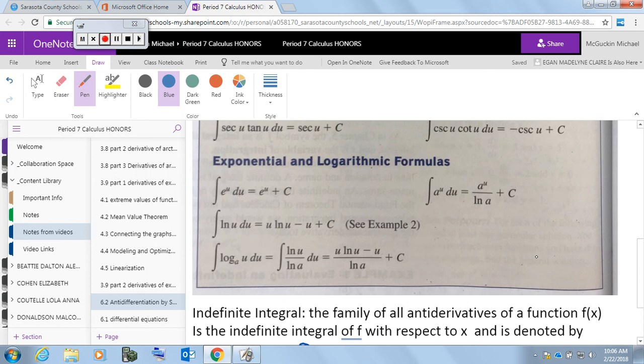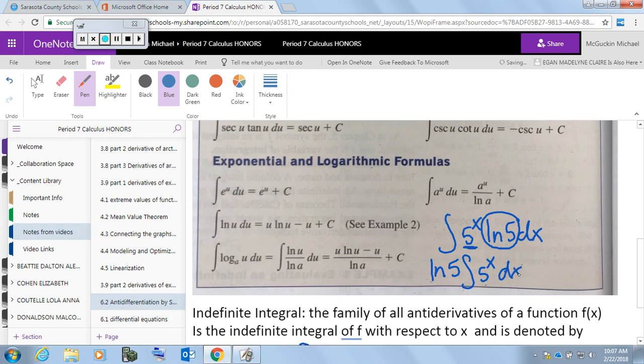But I want to take a look at the one all the way to the right, a to the u du. So let's say, for instance, we have the integral of 5 to the x times ln of 5 dx. A to the u will be represented by the term 5 to the x. ln of 5 is just a numerical value, a constant that I can bring on the outside.